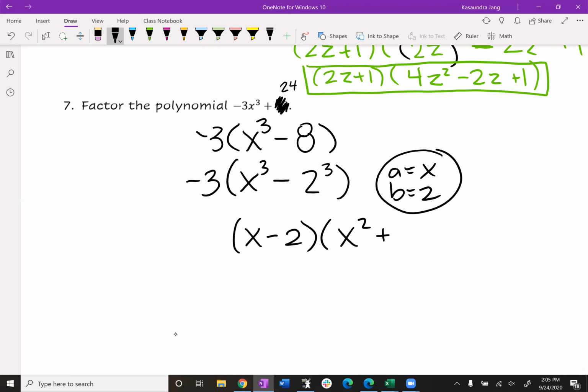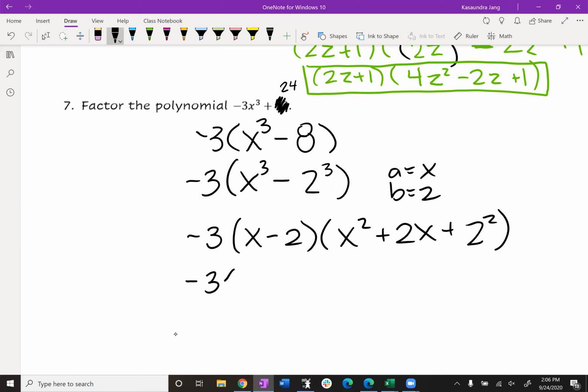So multiply those together, I get a 2 times x, plus b squared. My b is a 2, so 2 squared. All right, there's something I'm missing. Oh, the -3, I still need that -3 multiplied in front. So if I simplify this all the way down, I think the best I can do now is 2 squared. I can simplify that down to a 4, but other than that, it is all simplified. There we go.